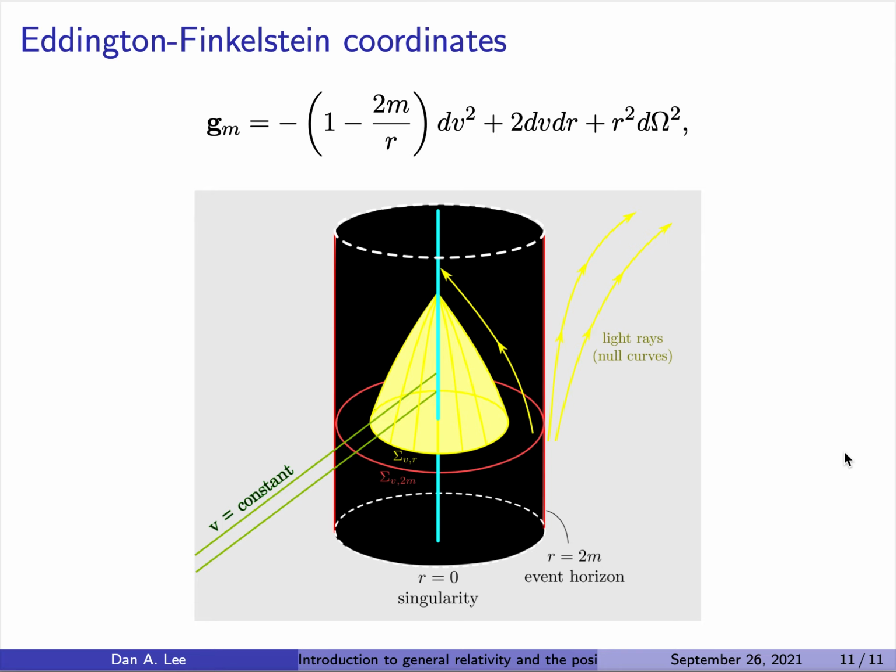But if you're inside r equals 2m, which is the part I've colored black here, then the curve has to stay inside of there. This diagram is taken from an upcoming article with Lanxuan Huang, and she was kind enough to make this figure for us.